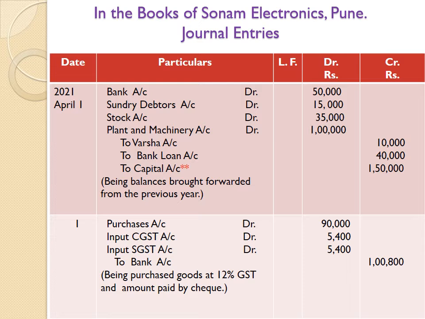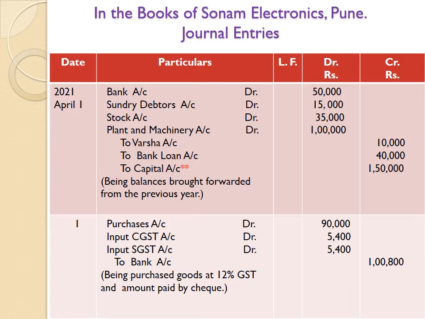So debit balance of bank was 50,000, sundry debtors 15,000, stock 35,000, plant and machinery 1 lakh. So items having debit balances are debited here.